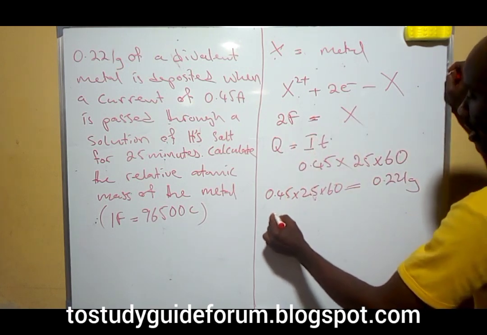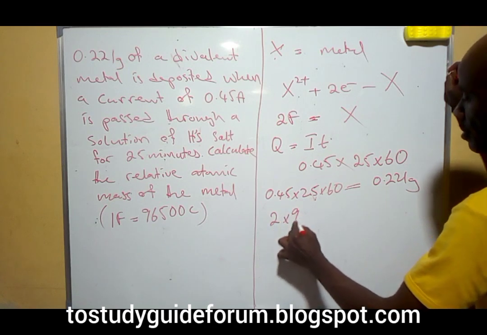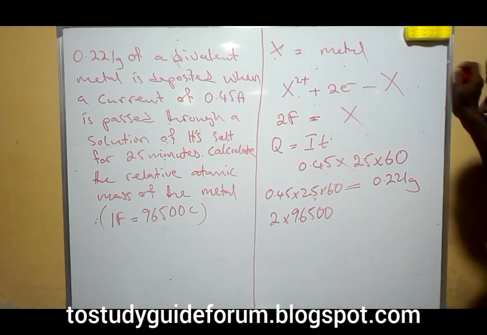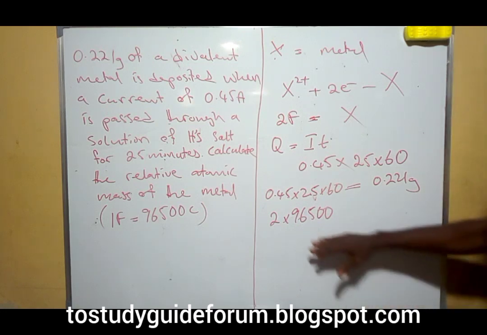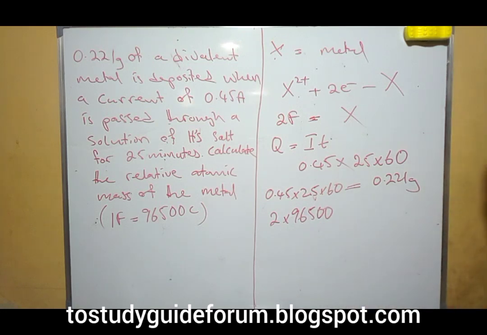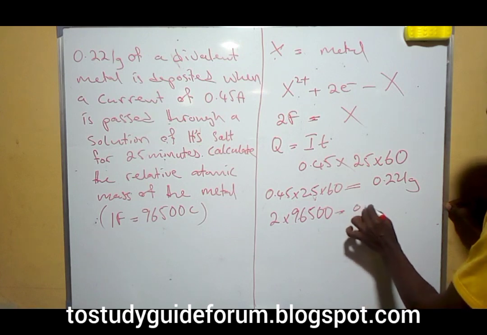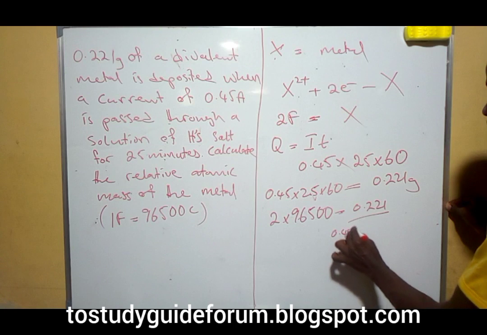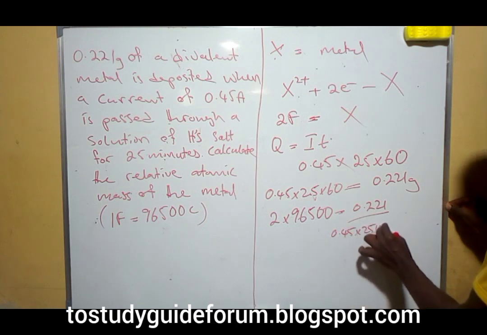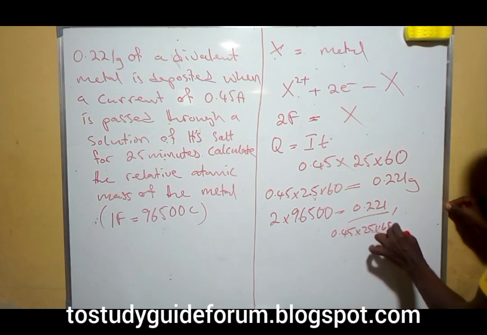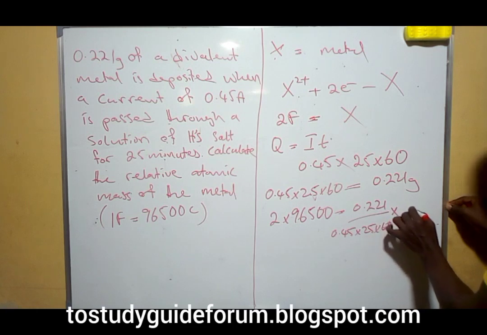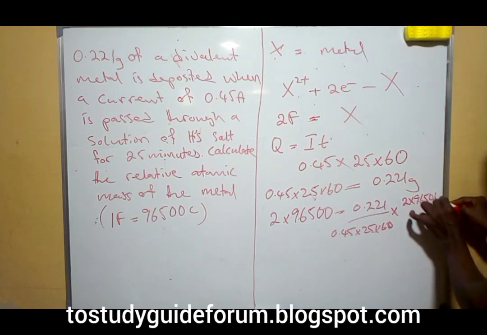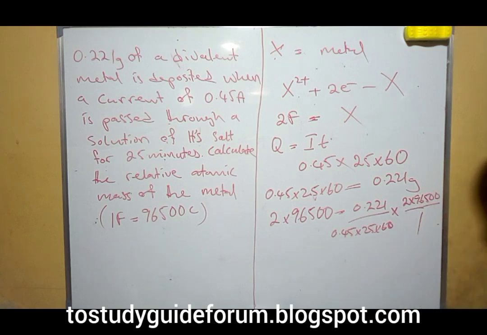The next one we're looking at is the number of Faraday we need times this quantity of electricity, which will give us 0.221 over 0.45 times 25 times 60, multiplied by 2 times 96500 over 1.